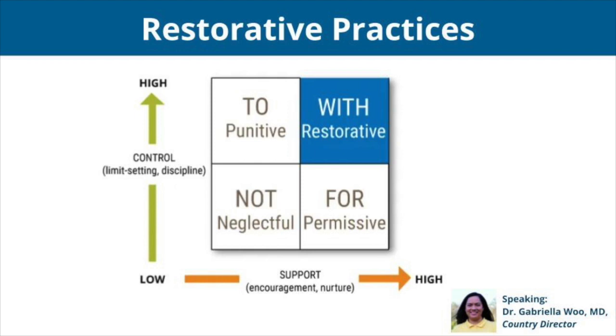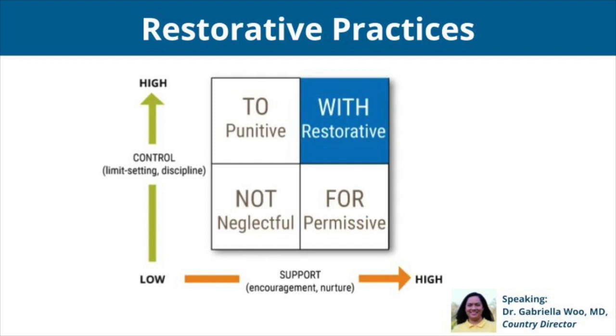So if we try to set up boundaries and limits with support, that's the restorative approach. The idea of restorative is that you try to be with the person in the conflict, or try to resolve the problem with the person, not to the person or for the person, or not do anything at all.